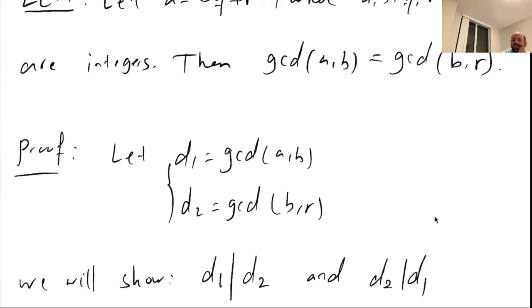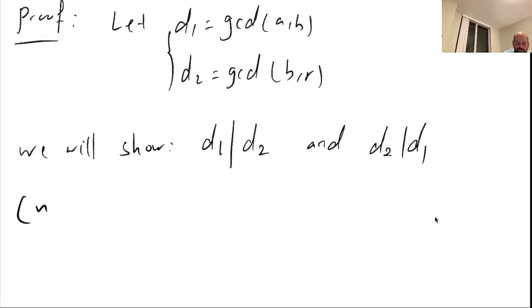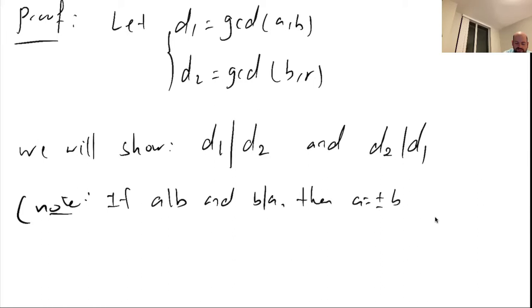In general, if A divides B and B divides A, then A is equal to plus or minus B. Maybe I can write this as a note: if A divides B and B divides A, then A equals plus or minus B. You can verify this.